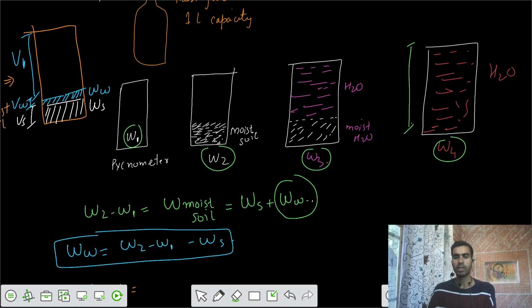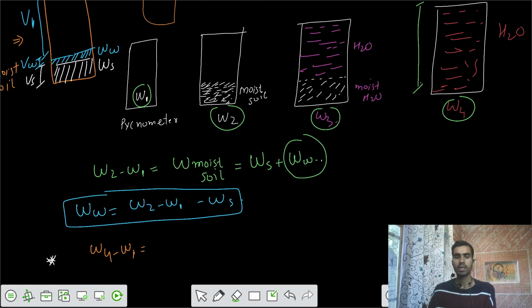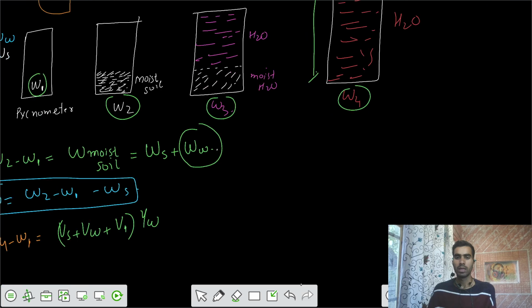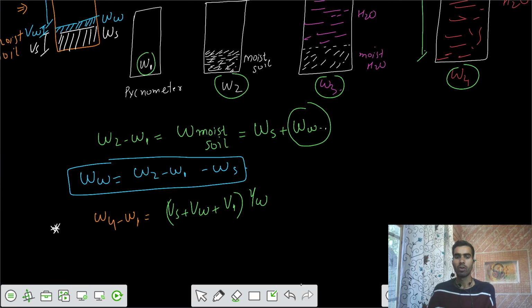That is the difference between W4 and W1. So W4 minus W1 is the volume of solids plus volume of water plus V1, times gamma W. That is the weight of water for the entire volume.